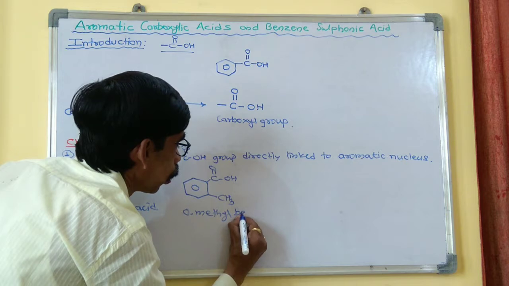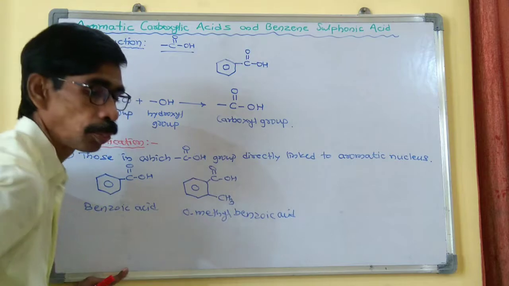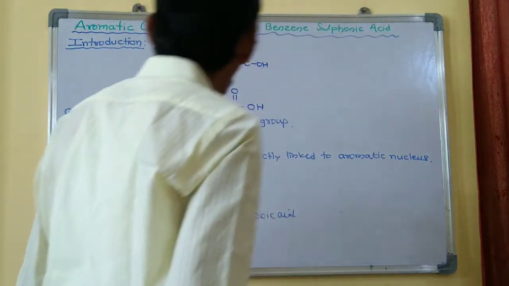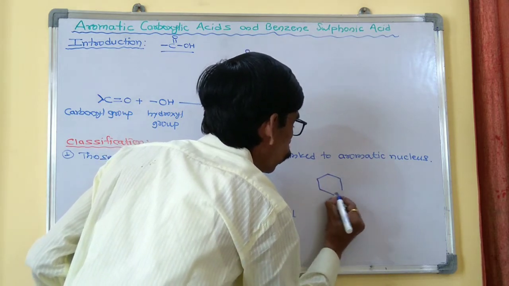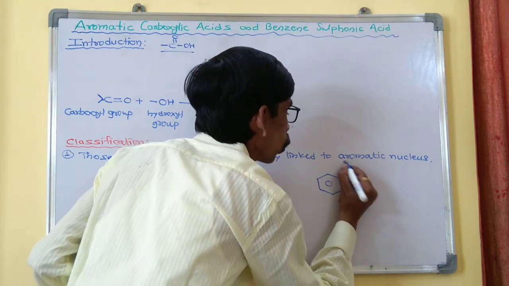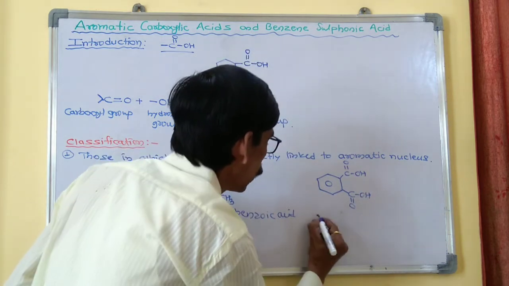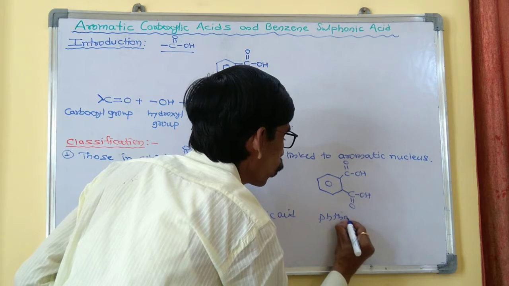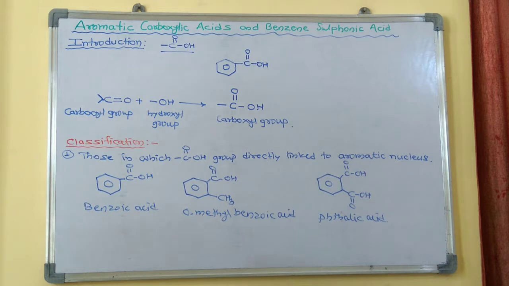Ortho-methyl benzoic acid. Another example is hyaluronic acid. So these are the one type of classification in which COOH is directly linked to the aromatic nucleus.